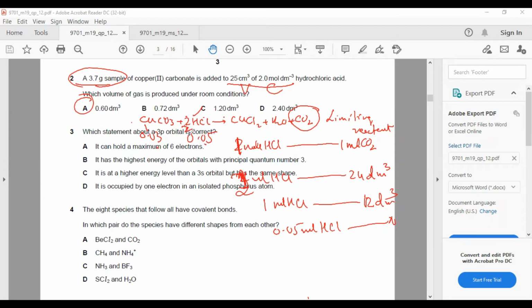So HCl is less than required. After that we use this ratio: 2 mole HCl, 1 mole carbon dioxide, or 2 mole HCl, 24 dm cube, or 1 mole HCl, 12 dm cube. Simplified, 0.05 mole HCl gives how many dm cube? So 0.6 is the answer.